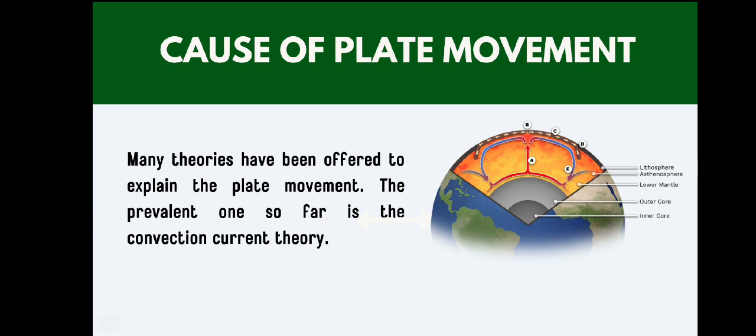This theory suggests that heat is transferred from the Earth's core to the surface through a convection process in which hot material rises while cooler materials sink. So in other words, for example, if a volcano blows, the lava or the heat inside the volcano will go up, and the cooler materials will sink.